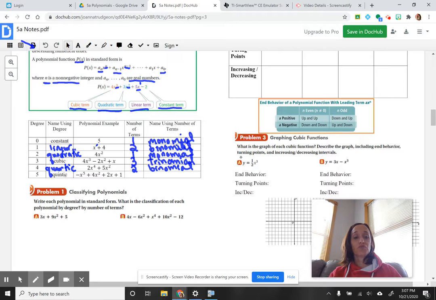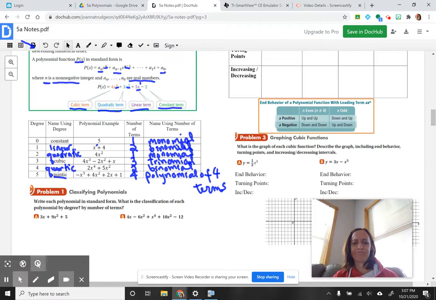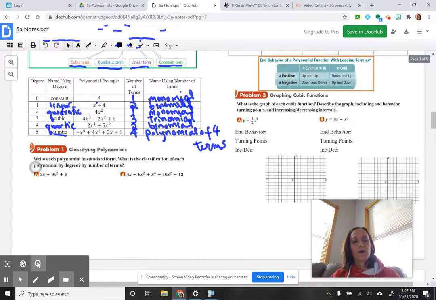Last one, this one is quintic if it's degree 5. It has 4 terms, and usually in math, once you get to 4 terms, you just say polynomial of 4 terms. We just start calling them all polynomials when they have more than 3 terms. You could probably go on Google and find there are probably more special names for things that have more terms than that, but we just don't get into it and learn them.